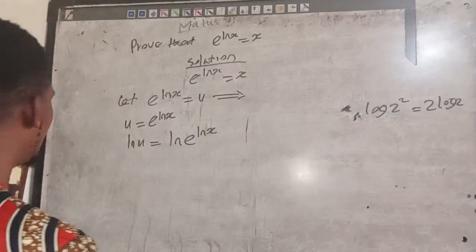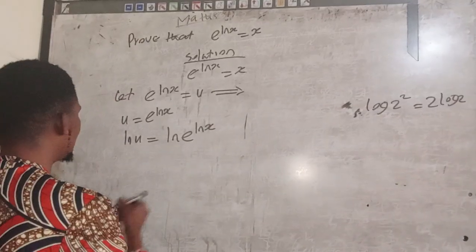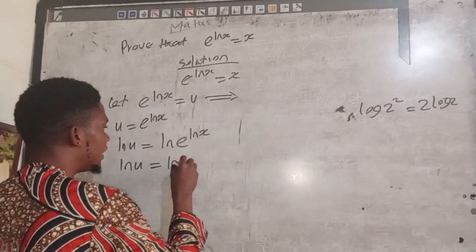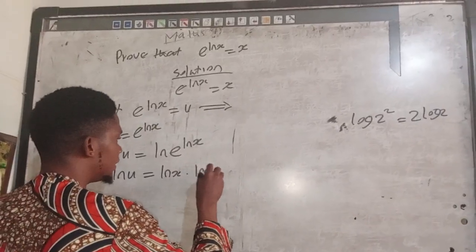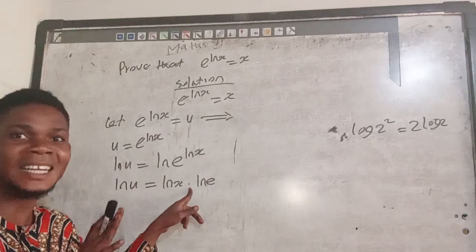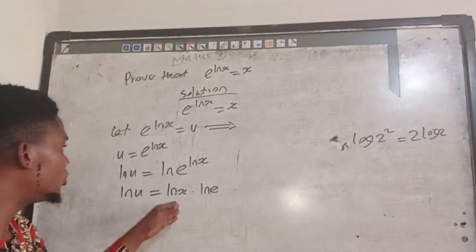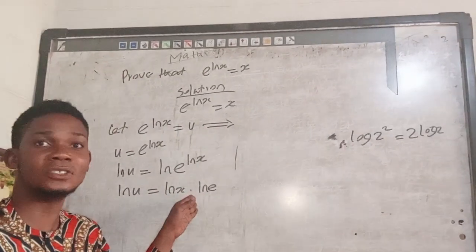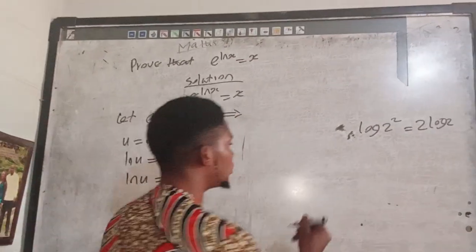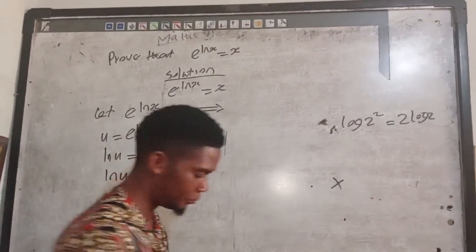Now look at what you will do. ln u will now be equal to ln x dot ln e. Now when you look at this dot, it doesn't mean decimal point. In maths, dot means a product. There is a difference between this dot and the cross.